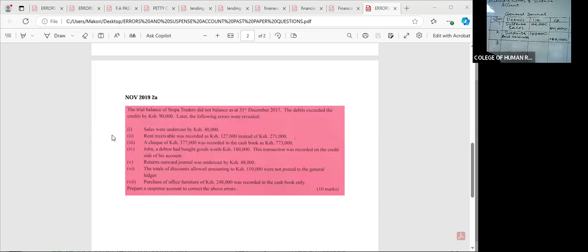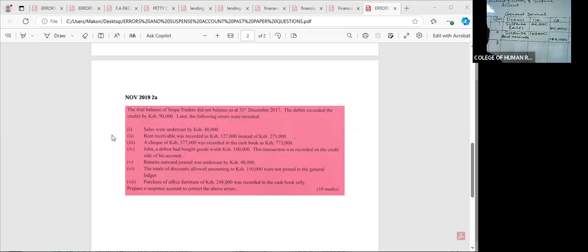So we made an overcast of how much? 773,000 minus 377,000, we made an overcast of 396,000.